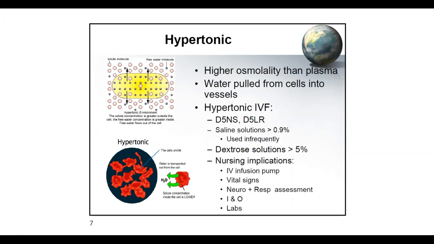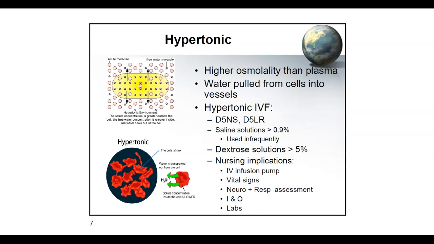Next, we're going to talk about hypertonic solution. So again, in a normal environment, if you give this to a person whose cells are basically normal, what's going to happen inside the cell? Remember that fluid likes to follow the area of higher concentration.